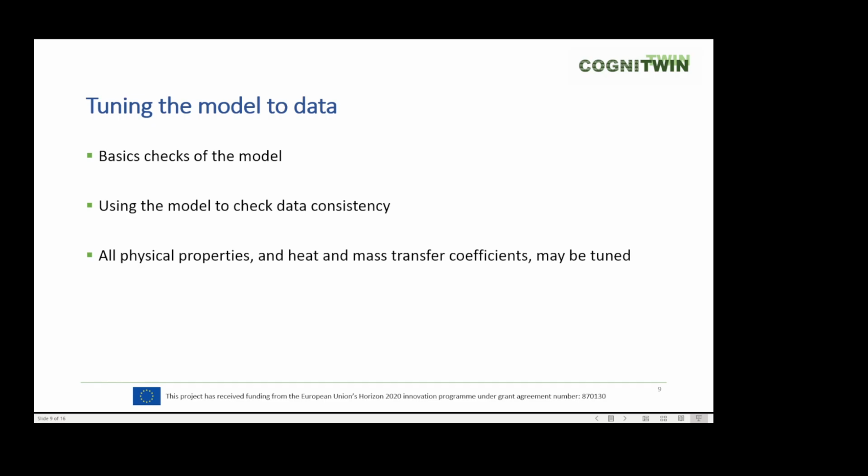So we can say that in cases like this, the model could reveal problems with the data because the model conserves mass, energy, and momentum. So that is a way to also check data consistency.